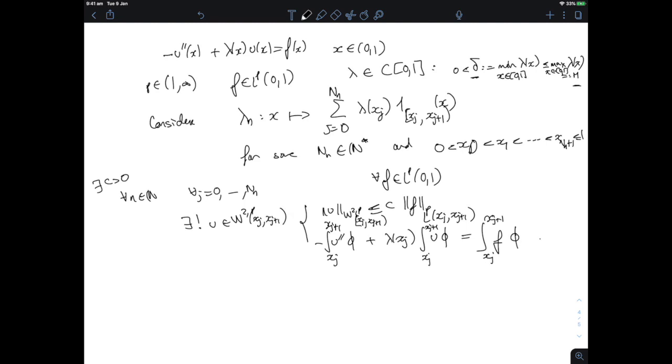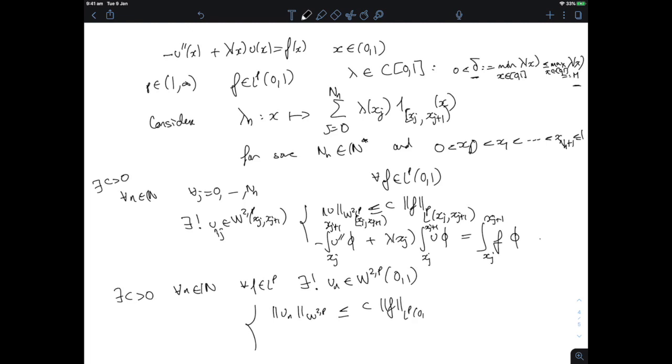you can put these things together and you get that there exists a c such that for all n in N and for all f in LP, there exists a unique, I should have called that unj here, but there exists a un in W2P of 0, 1 such that the norm of un in W2P is smaller than c times the norm of f in LP of 0, 1, and minus the integral of un second phi from 0 to 1, plus the integral of lambda n un phi from 0 to 1, is equal to the integral from 0 to 1 of f phi.